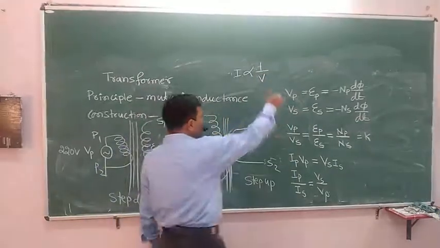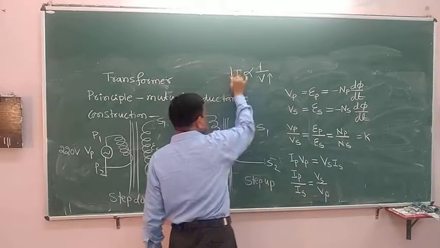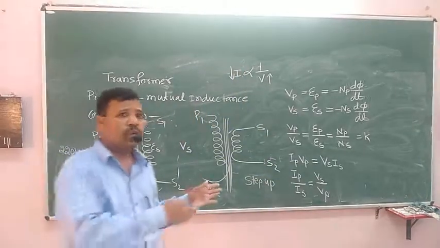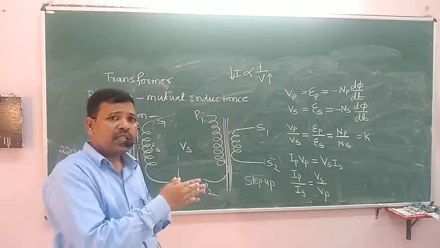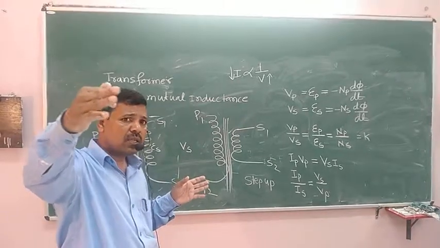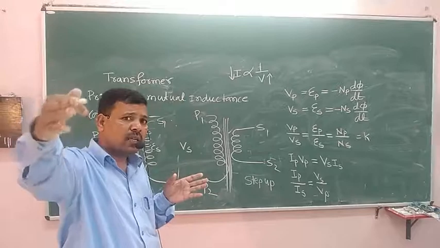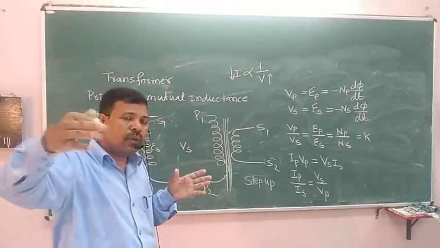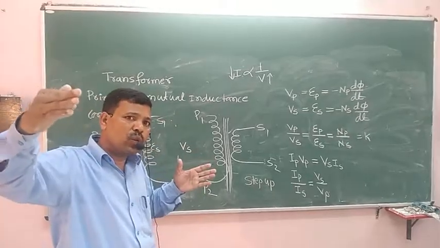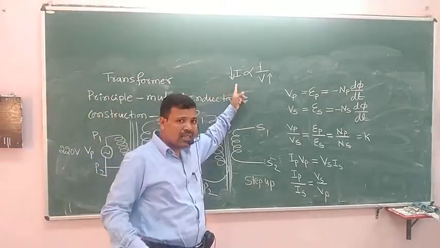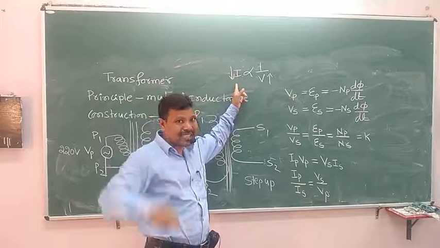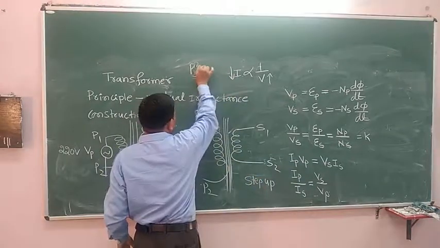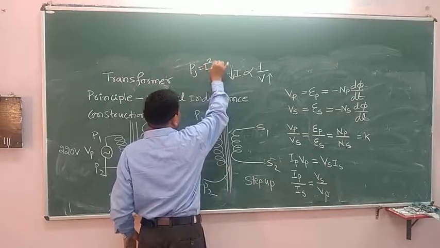Whenever there is a high voltage, there is a less current. When we send electric power to a long distance, we send it through a high voltage, 11,000 volt. When it is 11,000 volt, current will be less. When the current is less, the loss of power is less, because the loss of power depends on current.